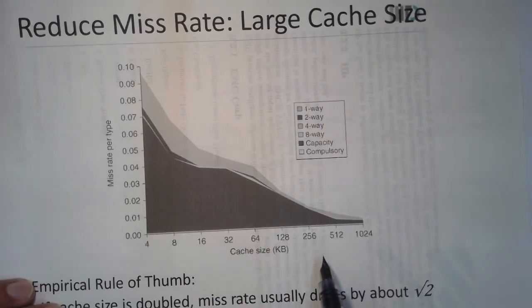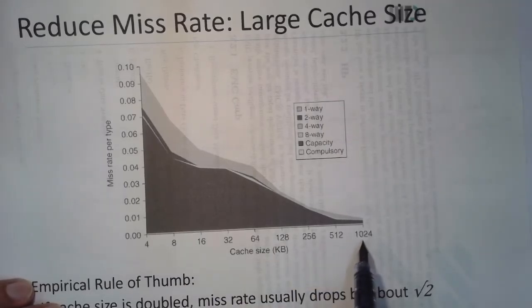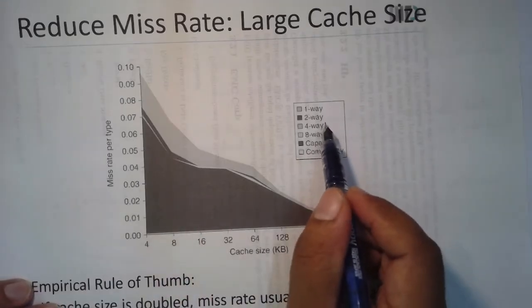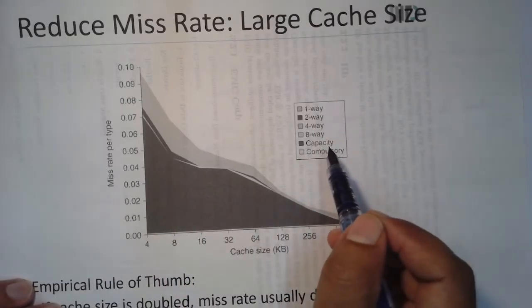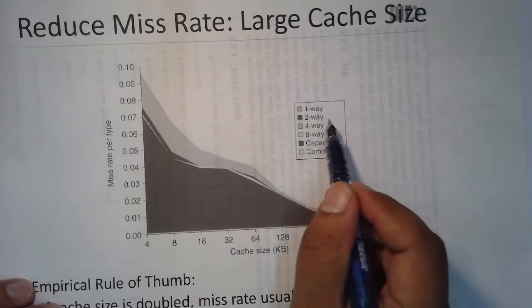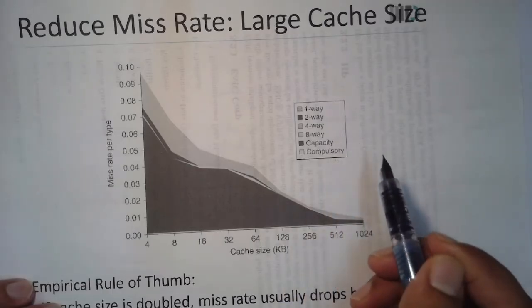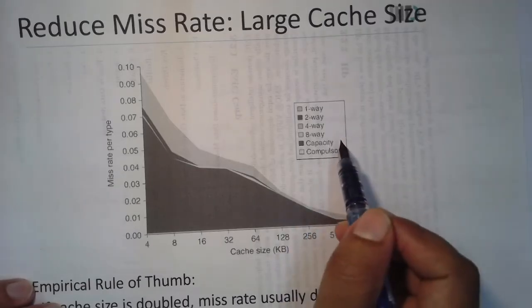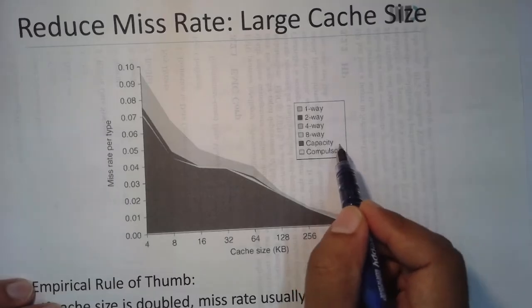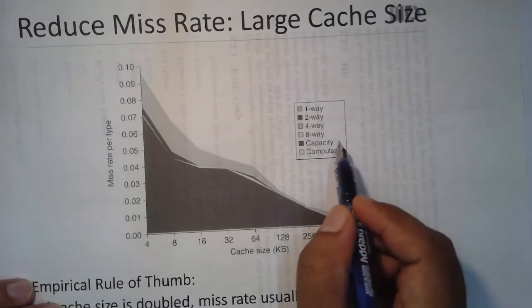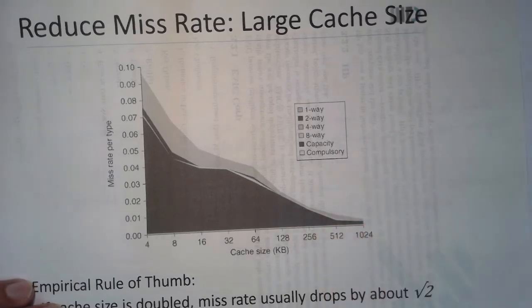You will see that as your cache size becomes higher and higher, the miss rate goes down, and we have plotted it for different types of memory: direct map, 2-way set associative, 4-way, 8-way, and the types of misses, for example how much is compulsory miss, how much is capacity miss, and so on.